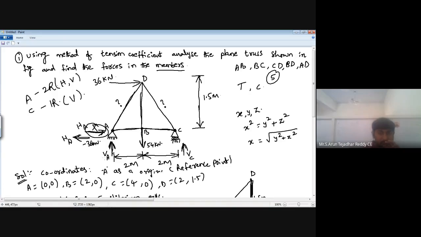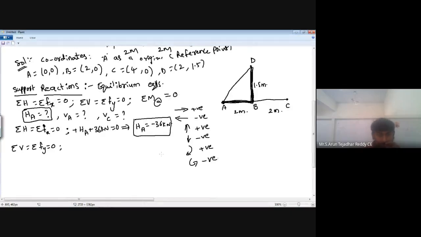So take VA, VC as positive, 54 negative. VA plus VC minus 54 kilonewton is equal to 0. Then VA plus VC is equal to 54 kilonewton. Give equation number 1.